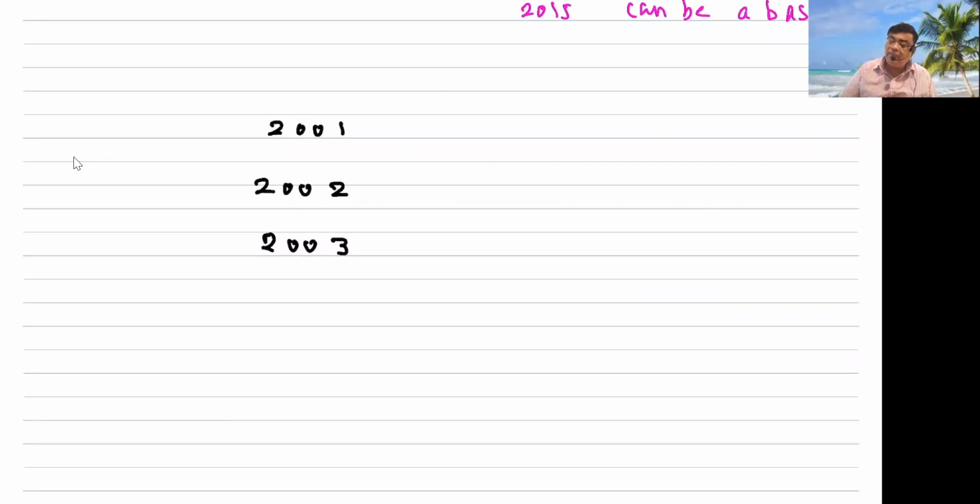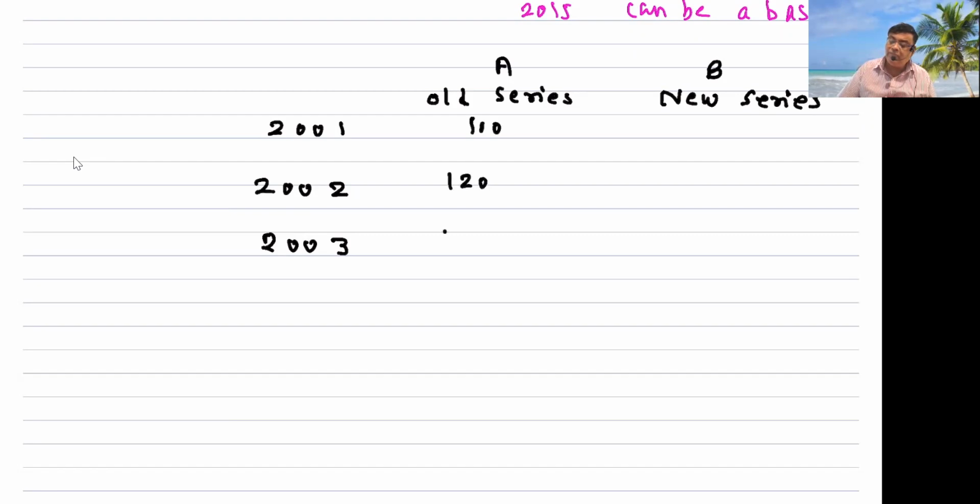Then you have an old series. And now you want to construct the new series. I call old series as A and new series as B. These indices are 100, 720 and 730.